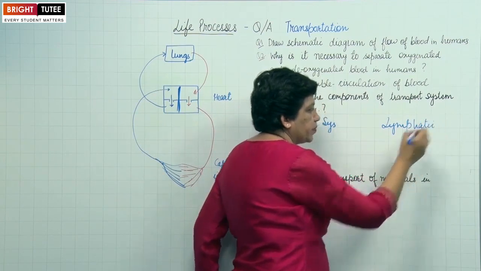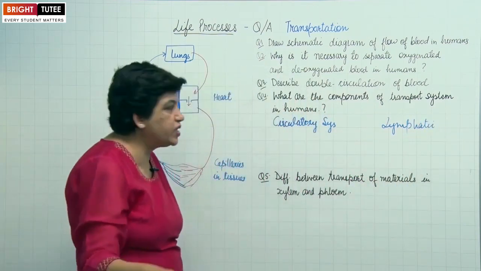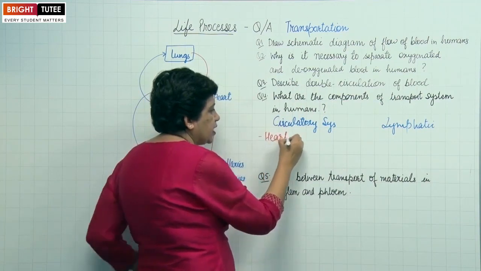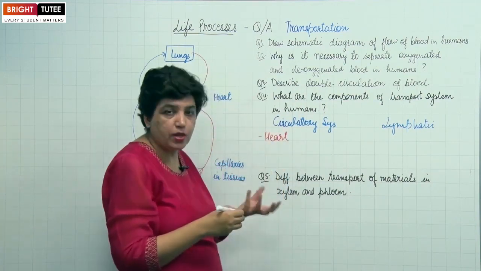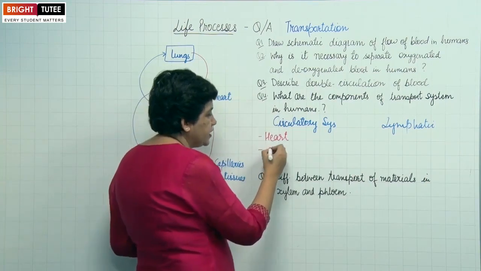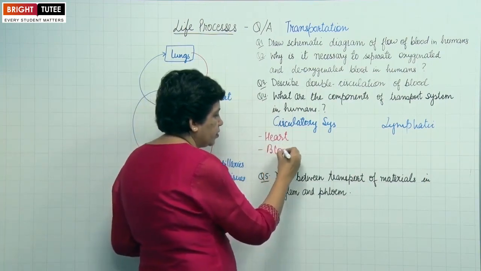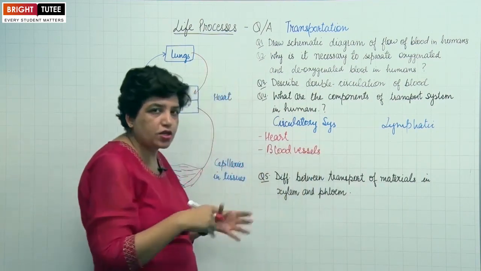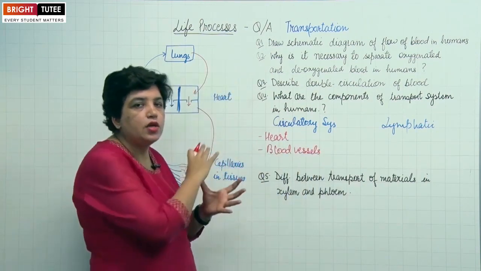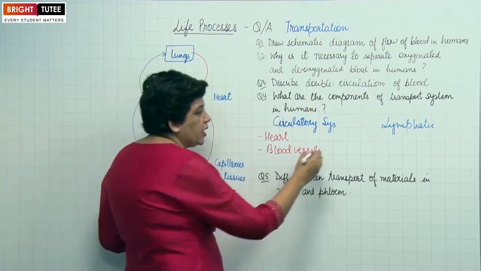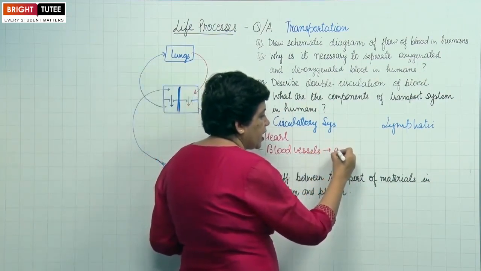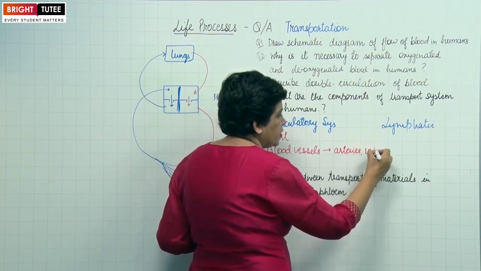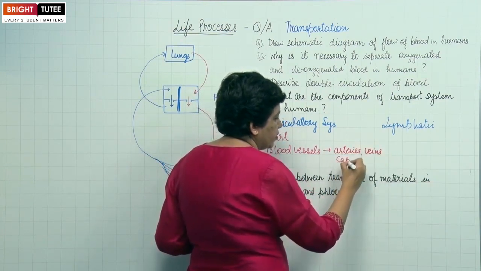In the circulatory system, the parts are firstly the heart, which is the pumping organ, and then the blood vessels. Blood vessels are the tube-like structures which carry the blood to all parts of the body. Under this there are three types: arteries, veins and capillaries.